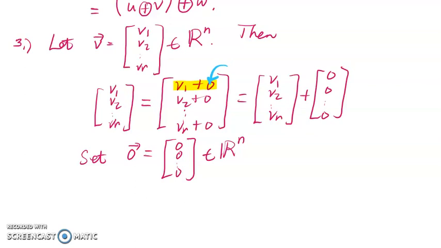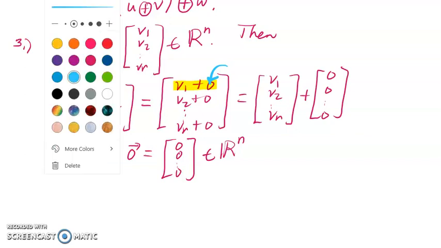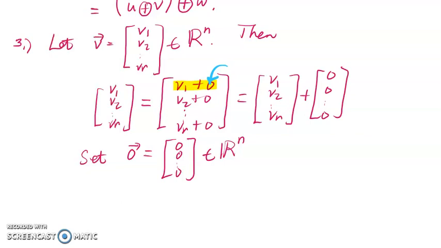This is called the additive identity, the additive identity in the set of real numbers. So that is true for R.